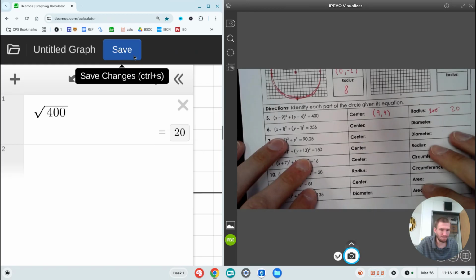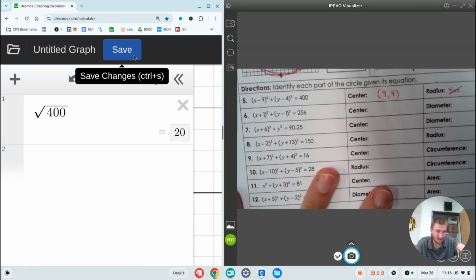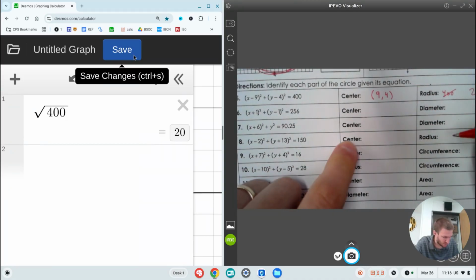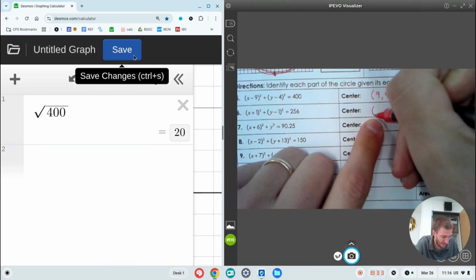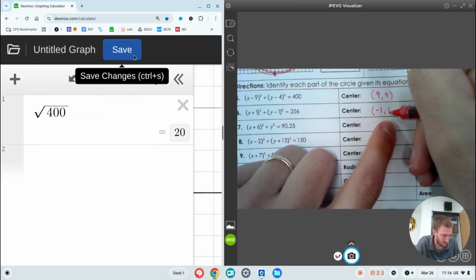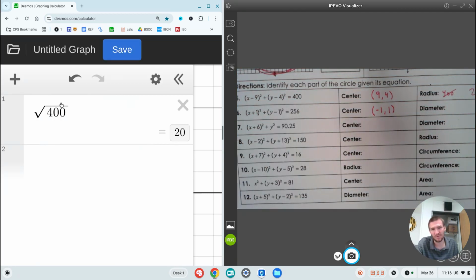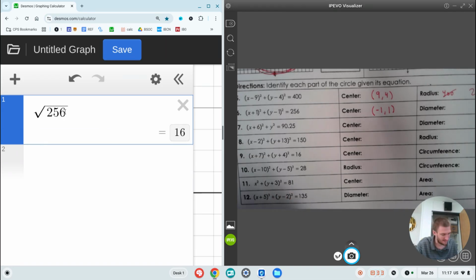Okay, we didn't quite get to using some of these other questions. We did one with diameter. For this question, for diameter, it's a +1, -1. Opposites, -1, +1. 256, maybe you don't know what 256 is. It's 16.